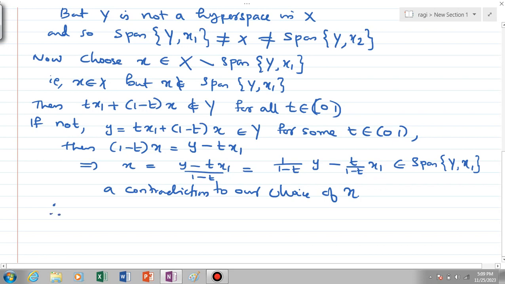Therefore, we conclude that the line segment joining x1 and x is not in Y. Therefore, t x1 + (1 - t) x is not an element of Y for all t element of (0, 1), and so for all t element of the closed interval [0, 1].